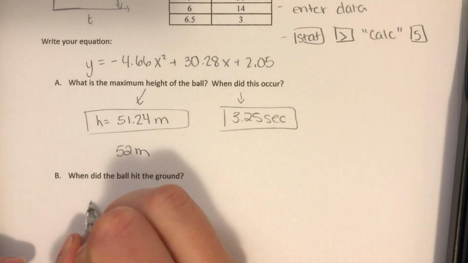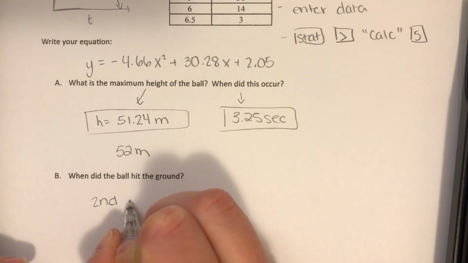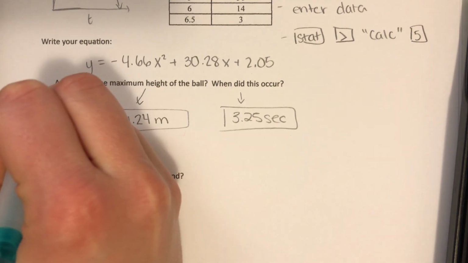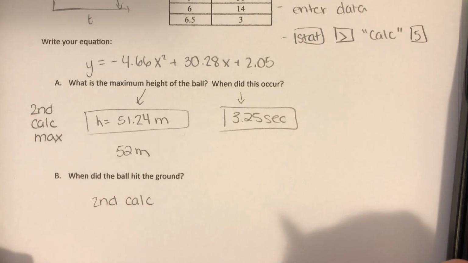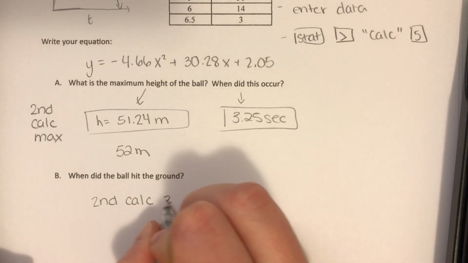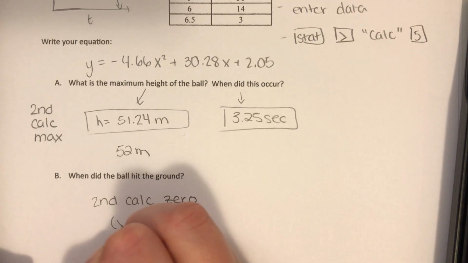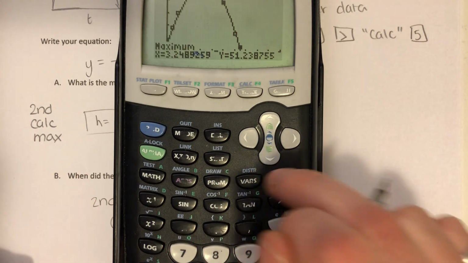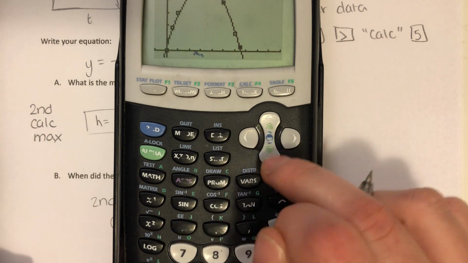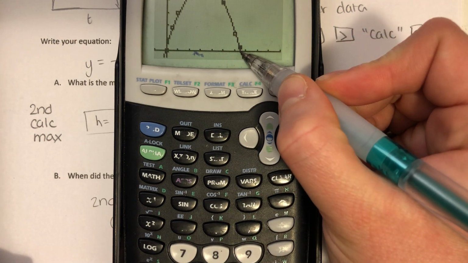When did the ball hit the ground? So this time we're going second calc. If you want to write down second calc maximum, just so you remember if you want to look back for quizzes or whatever. Second calc 0 is going to give us, remember, our x-intercept, and that is the point I'm looking for, right?